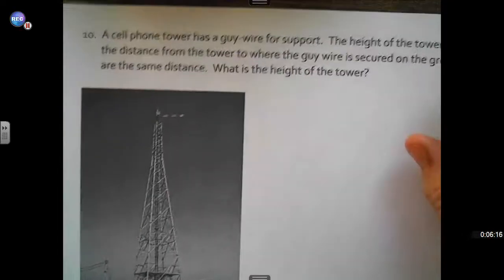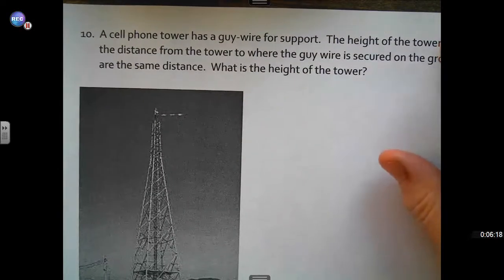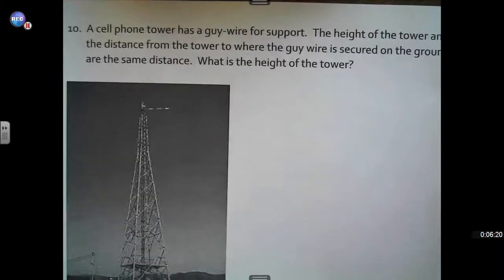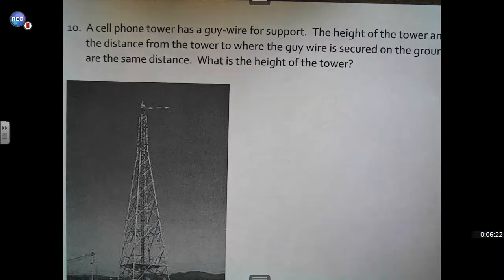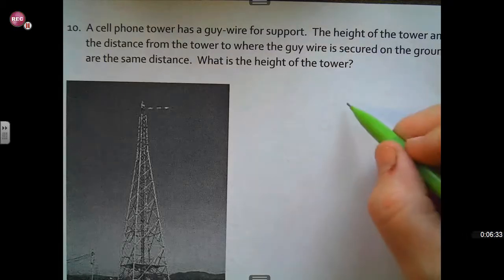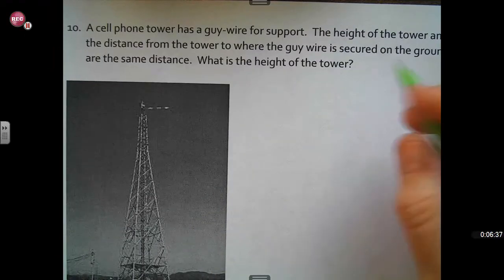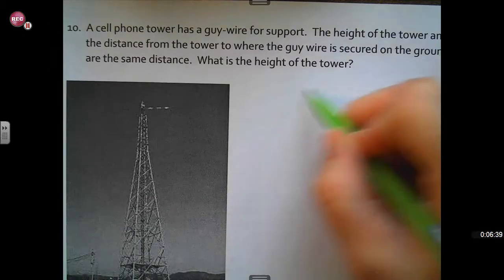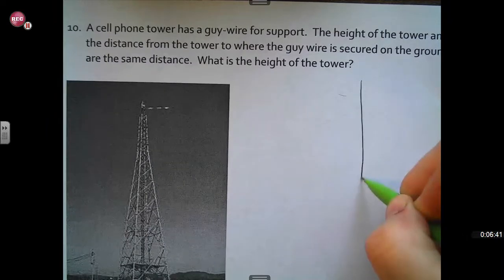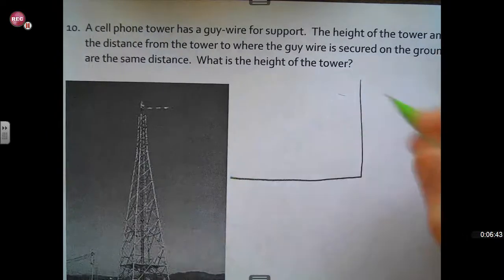A cell phone tower has a guy wire for support, and the height of the tower and the distance from the tower to where the guy wire is secured on the ground are the same distance. What is the height of the tower? So in other words, we have this tower and the guy wire is over here somewhere.